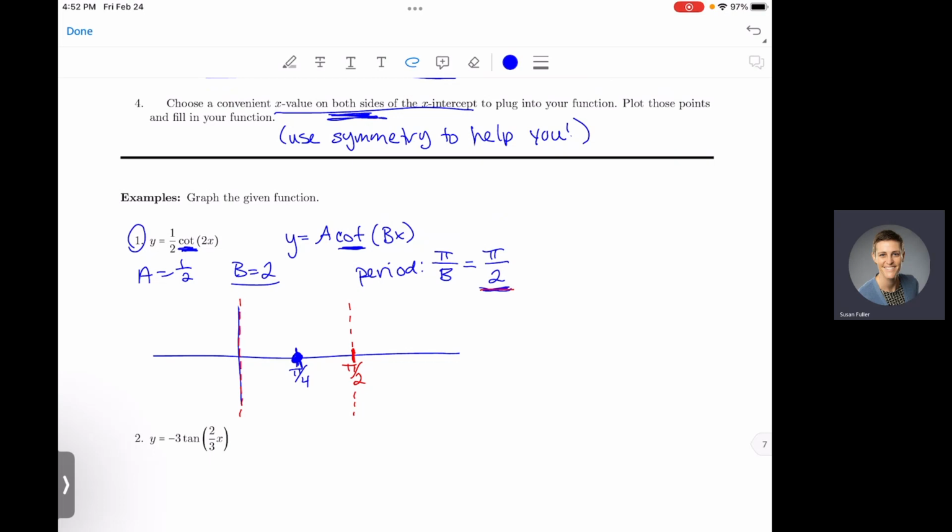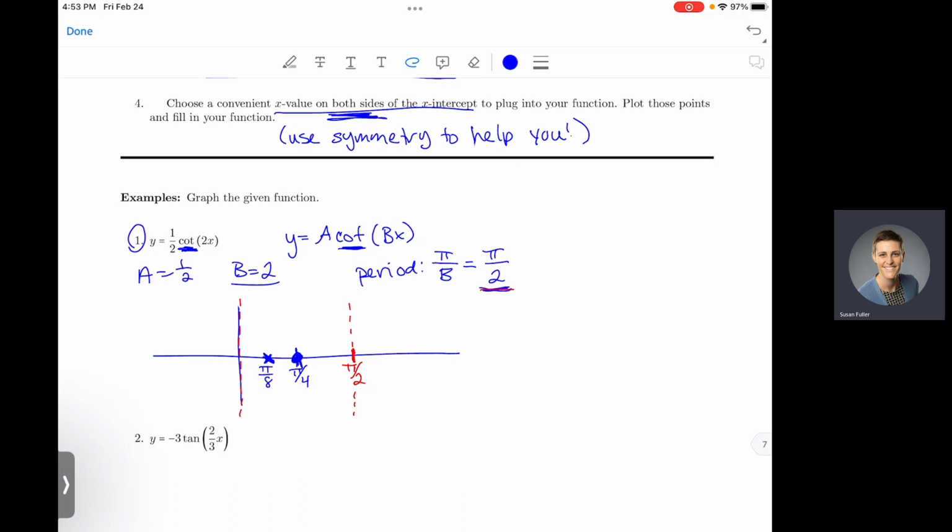Now, to figure out whether this thing goes down from left to right or up from left to right, we're just going to pick a convenient x value and plug it into our function. I find it's easiest to pick a positive value halfway between your x-intercept and your asymptote. So for us, halfway between 0 and pi over 4 is pi over 8.